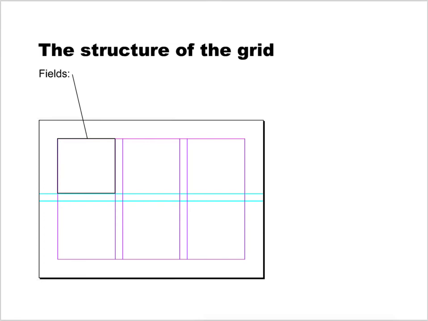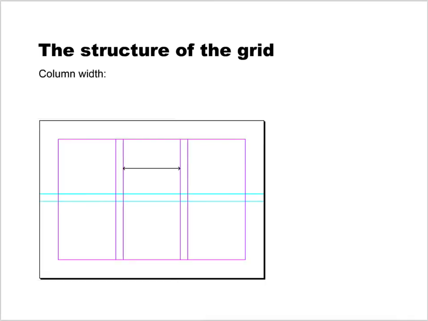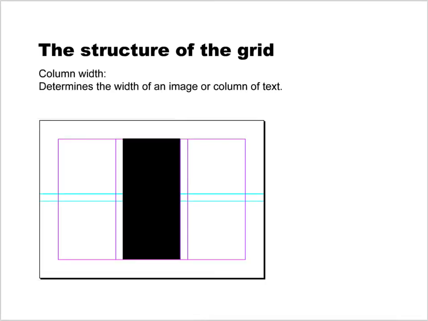The structure of the grid is broken down so that the very smallest unit of the grid is the field, and that's essentially the intersection of a row and a column. But we have a field, which is the smallest part. Columns determine the width of images or columns of text.